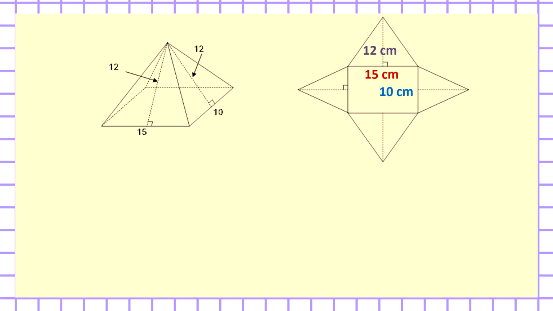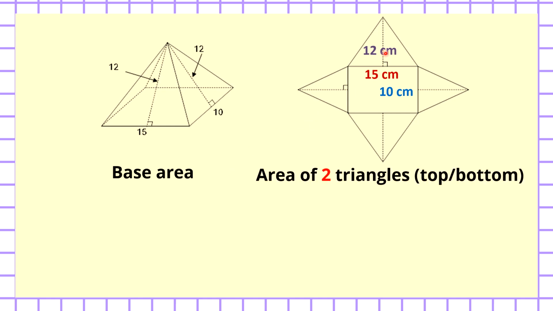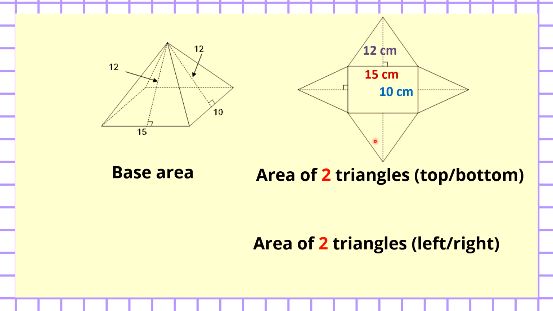So let us apply the same strategy. What we will need is the base area, the area of the two triangles on the top and the bottom, and the area of the two triangles on the left and on the right.